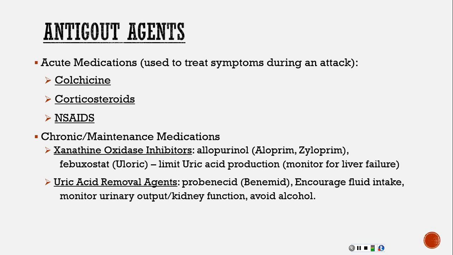So the Benemid is going to facilitate removal of uric acid. The Zyloprim is going to reduce uric acid production.